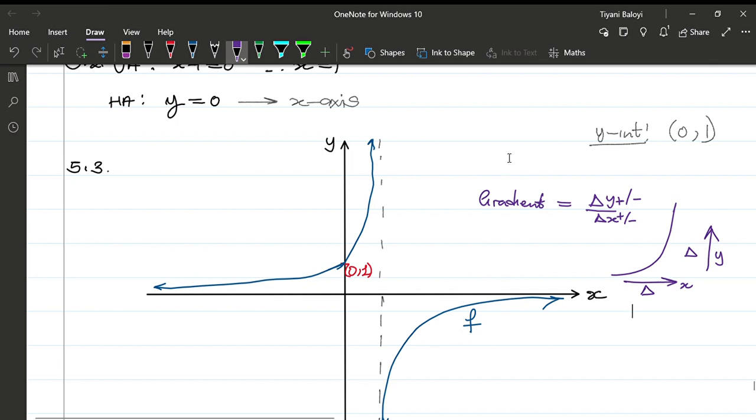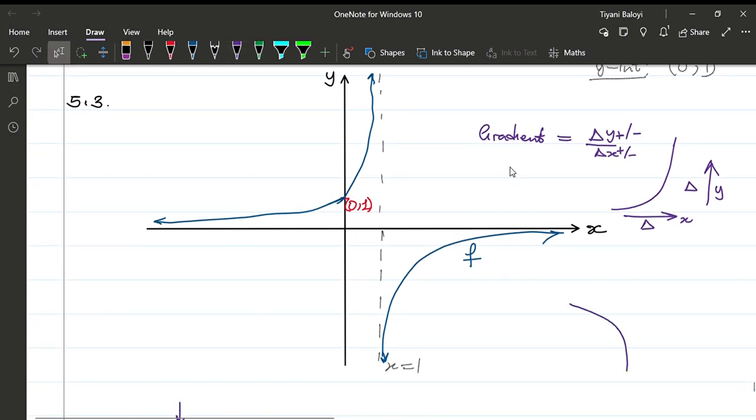If you were moving in the other direction, your x values are decreasing, so this is negative, and you are moving up in the y direction, which means this is positive. So this is a decreasing function because these signs don't match at all, right?